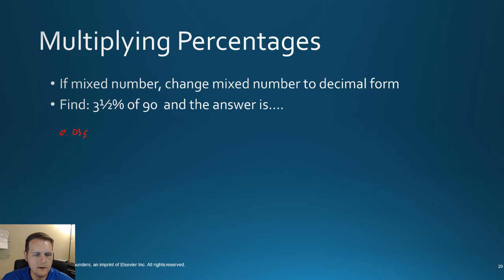Go back over the slides and work through the math with me, and it should make sense there. I'm going to multiply that by 90, and what do you get? 0.035 times 90, and you should get 3.15.